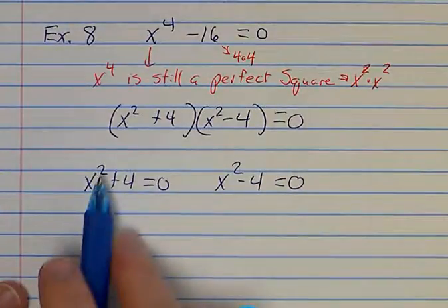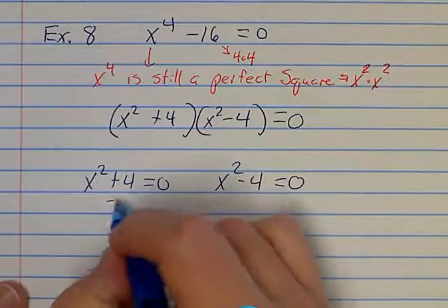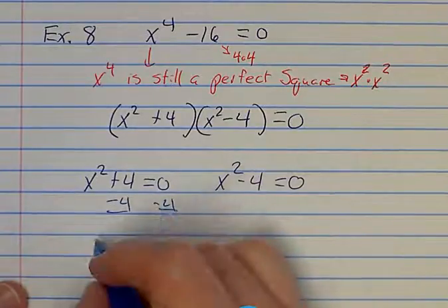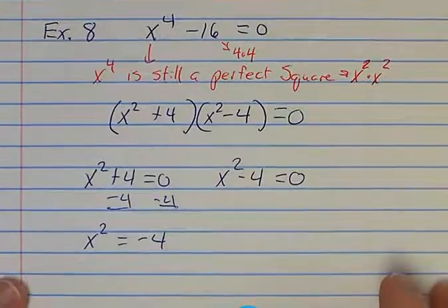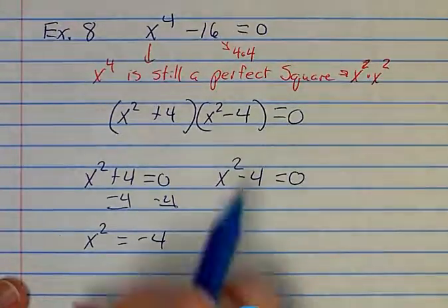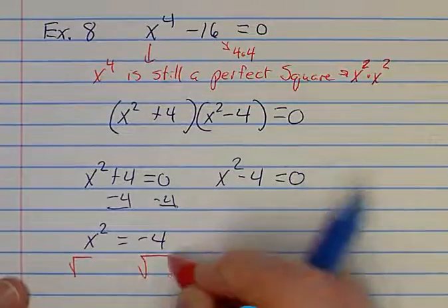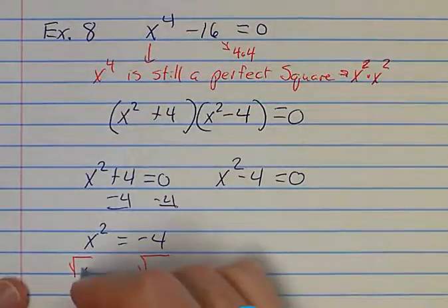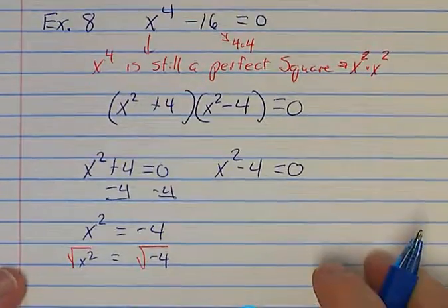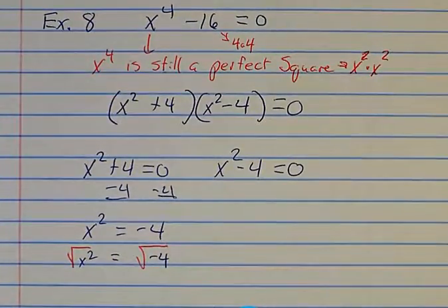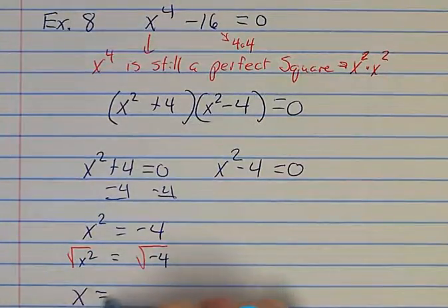And to get the x squared solved, again, we get the x squared by itself, so subtract 4 from both sides. And as long as we're dealing with x squared and a number, we're going to square root both of those numbers. Square root both sides, you get x equals plus or minus 2, and again, because it's negative, put the i variable in there.